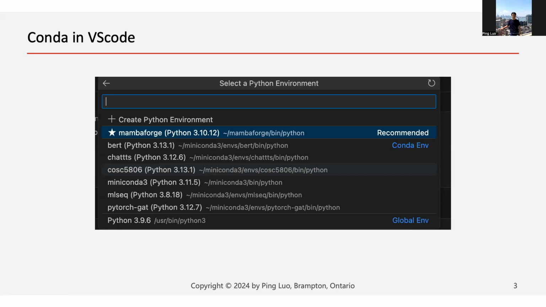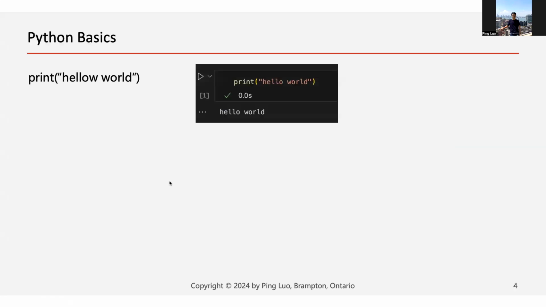So once we choose the correct Python, we can just write a script. I guess everyone is familiar with this, right? In Python, if we want to print something, we just use print, and it will be printed directly onto the screen. Here, I use double quotation marks for the string, hello world.